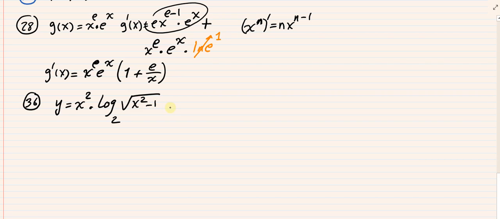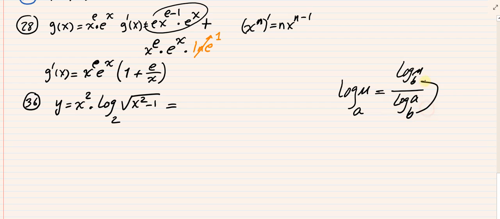So let's do that. What I'm going to do is use the change of base formula on this one. Now the change of base goes like this. If you have log base a of m, you can rewrite this as log m base b over log a base b, same base b, as long as these are valid bases, of course.